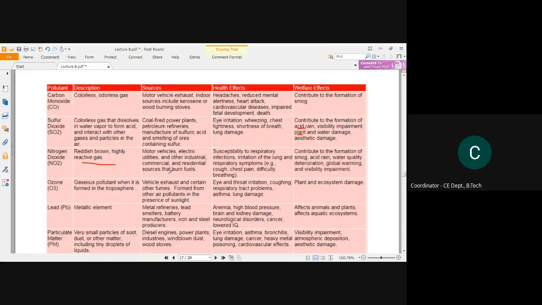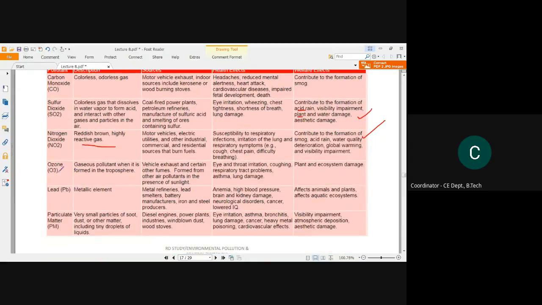The health effects are susceptibility to respiratory infections, irritation to the lungs, and respiratory symptoms, for example cough, chest pain, difficulty breathing. And in welfare effects, it contributes to the formation of smog, acid rain, water quality deterioration, global warming, and visibility impairment. So for sulfur dioxide and nitrogen dioxide, the welfare effects are almost the same.